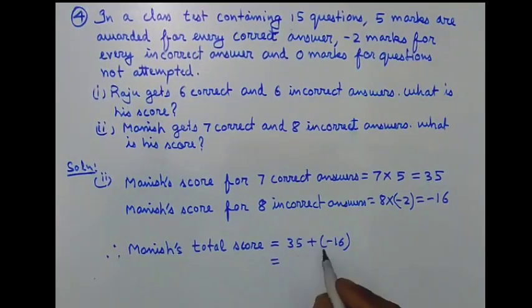Simply, we can say positive and negative will become negative, so 35 minus 16 gives us 19, right? That will be the answer. Clear? Let's move on to the next question.